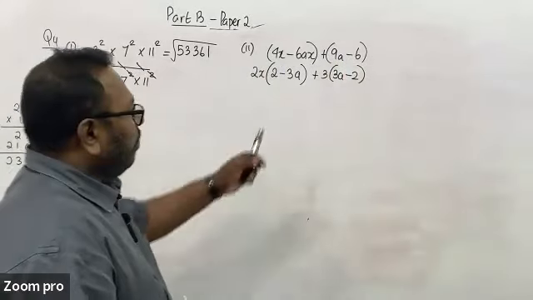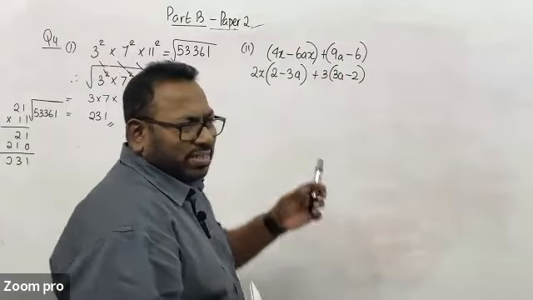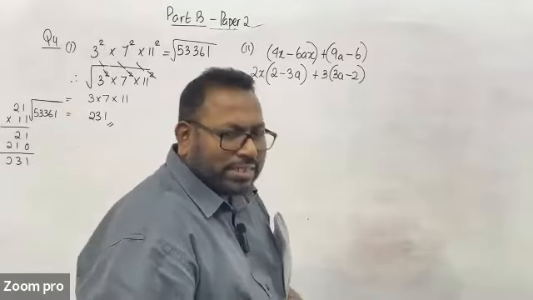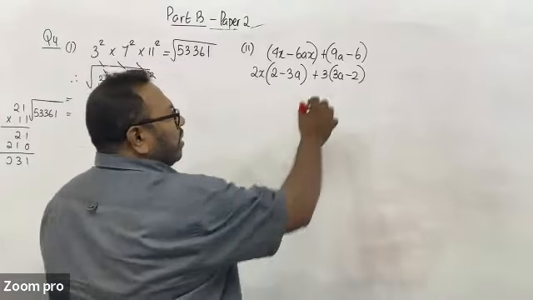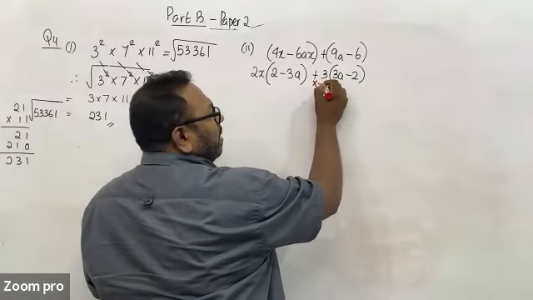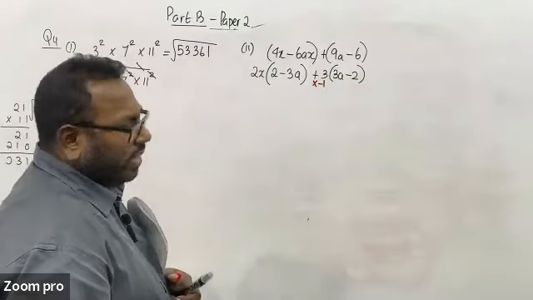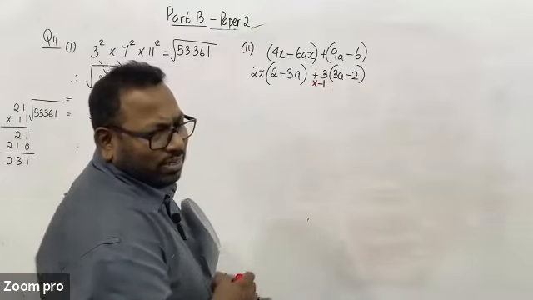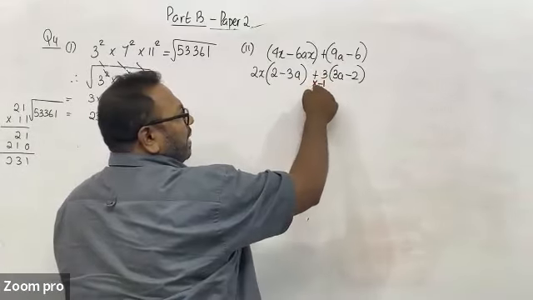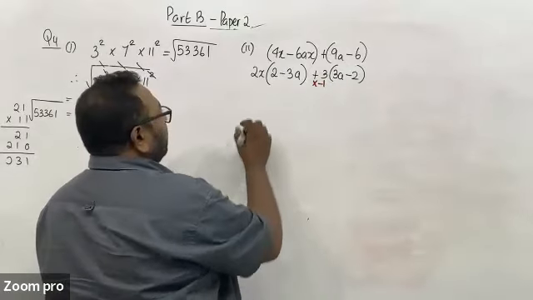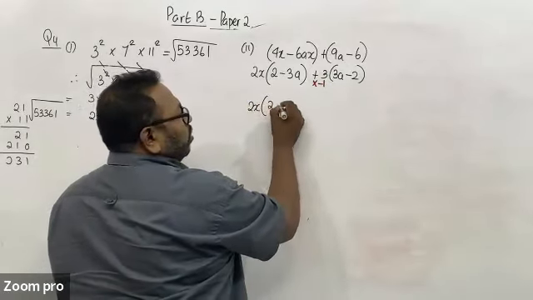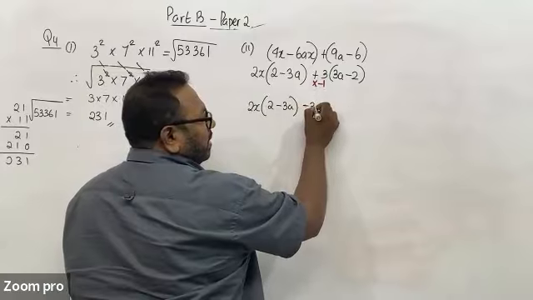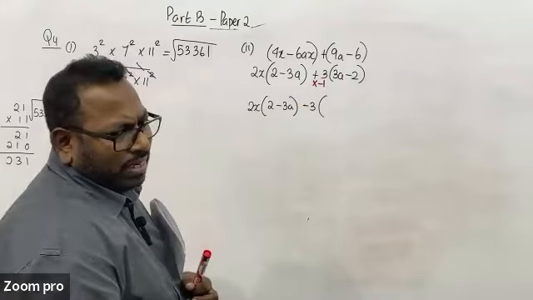Okay. Now, if you see here, inside the brackets, I want both of those to be the same. So what I can do here is multiply by minus 1, only for the second term. I'm going to multiply 3 by minus 1. So what happens here is you have 2x, 2 minus 3a, and 3 into minus 1 is minus 3.